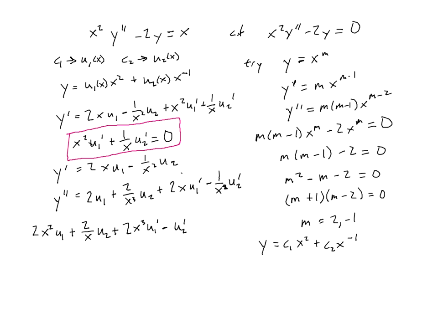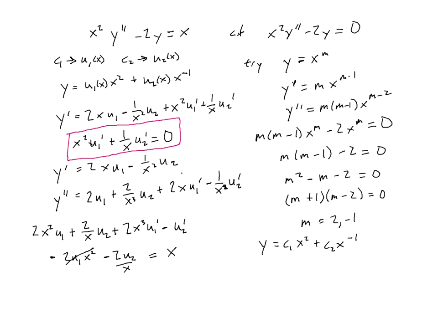And then I am going to take this and subtract 2 times y prime, so that's 2u1 x squared minus 2u2 over x. And the result of that is going to be just equal to x.